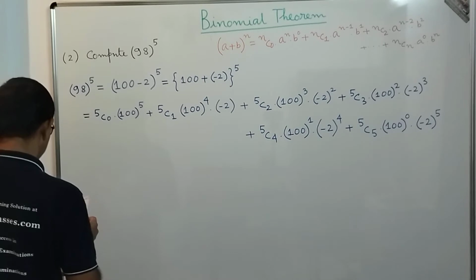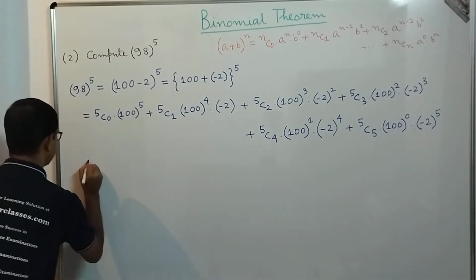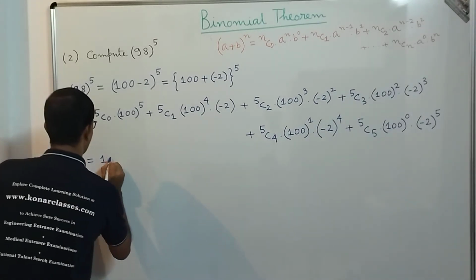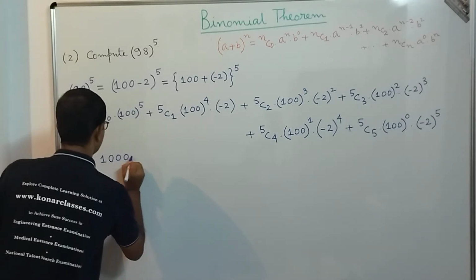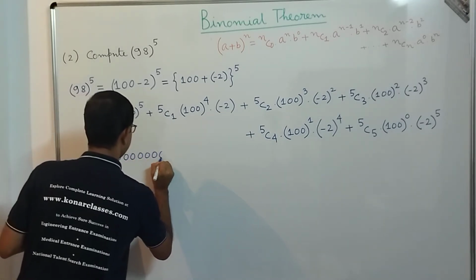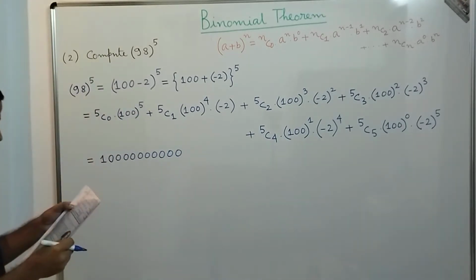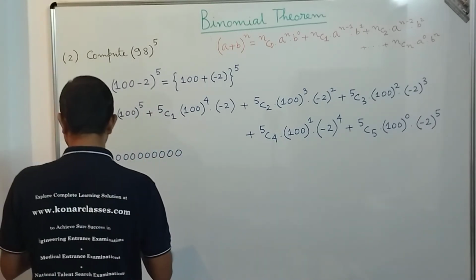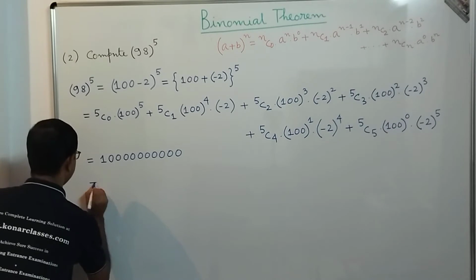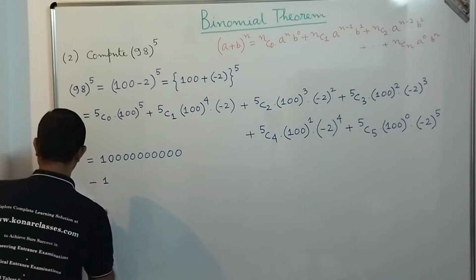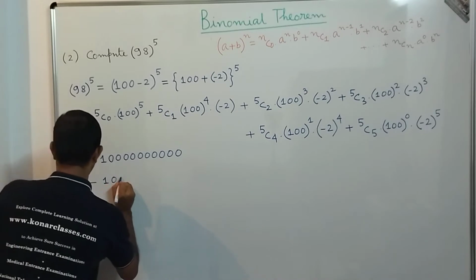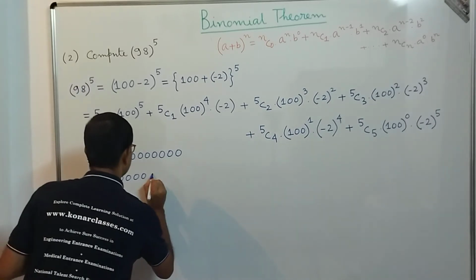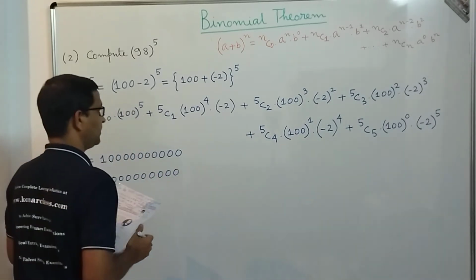So 5c0 into 100 to the power 5 is coming as 1 followed by ten zeros. Then this term will be minus 1 followed by zeros.